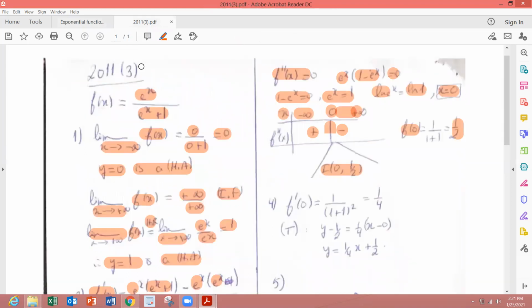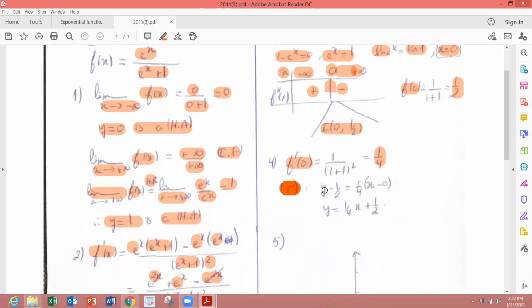We put 0 in f prime to find the slope. The slope is f prime of 0, which is 1 over (1 plus 1) squared, equal 1 over 4. Then the equation of the tangent will be y minus yi, minus half, equal slope into x minus xi. So the equation of the tangent is y equal 1 over 4x plus half.